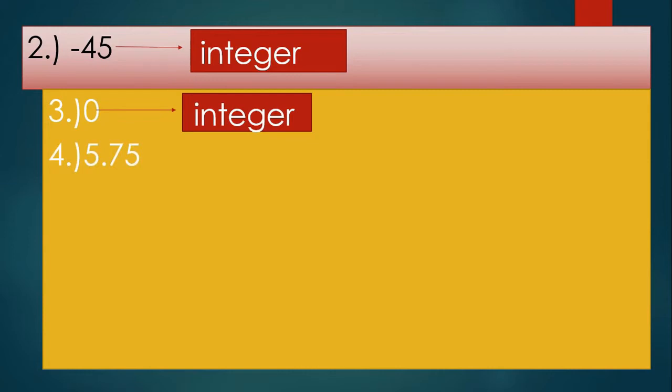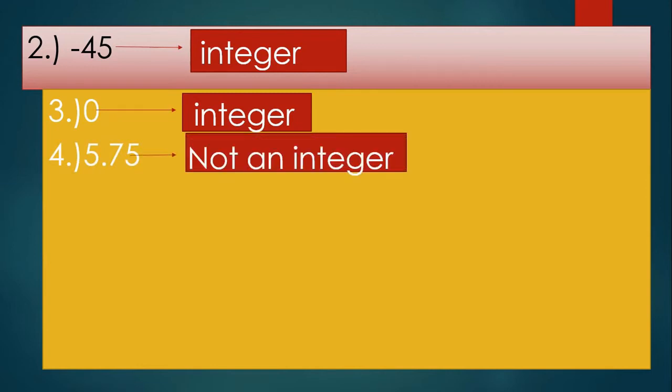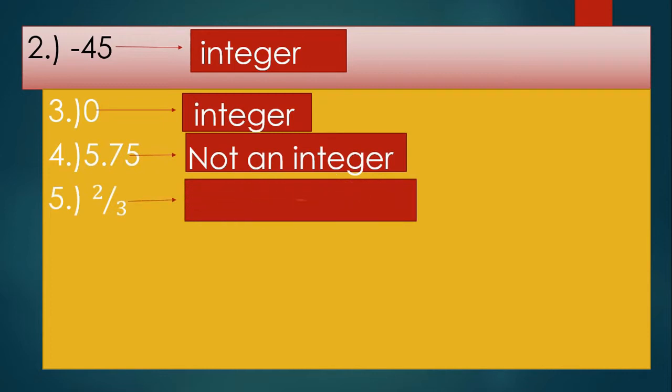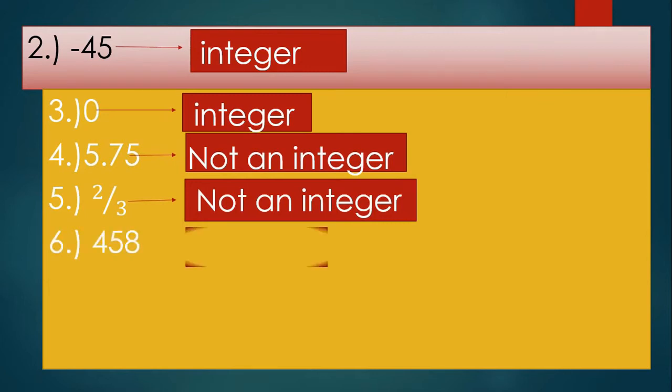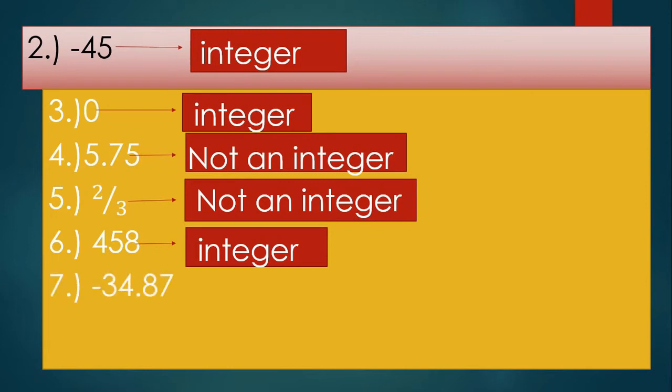How about number 4? 0.75. Is this an integer? No, not an integer. How about number 5? 2/3. Is this an integer? No, not an integer. How about number 6? 458. Is this an integer? Yes, this is an integer. Okay. How about number 7? Negative 34.87.